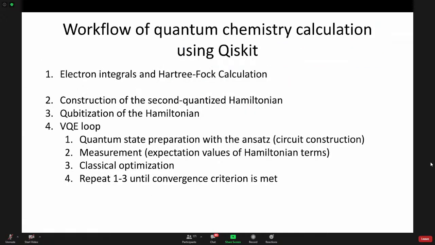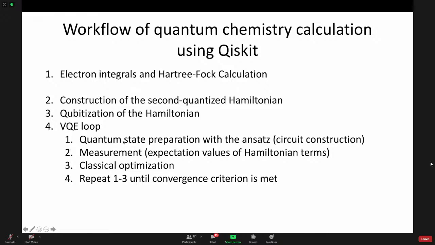And I'd like to explain the workflow of the quantum chemistry calculation we do today. First of all, we calculate the electron integrals and perform the Hartree-Fock calculation. And then we construct the second quantized Hamiltonian, and then we map it from the fermionic Hamiltonian to the qubit Hamiltonian or the spin Hamiltonian. And then we enter the variational quantum eigensolver.